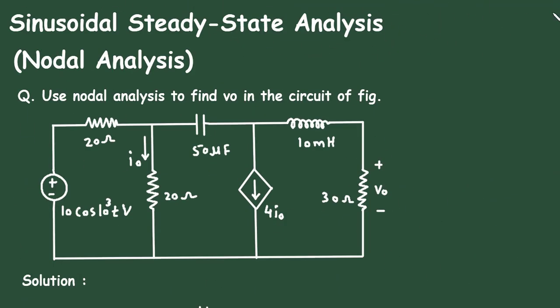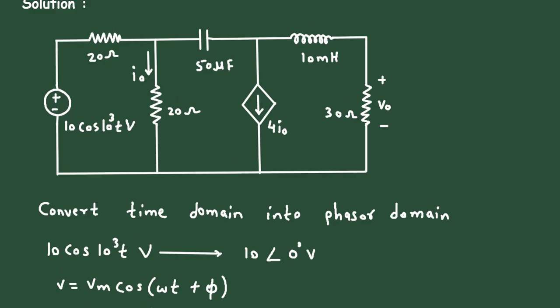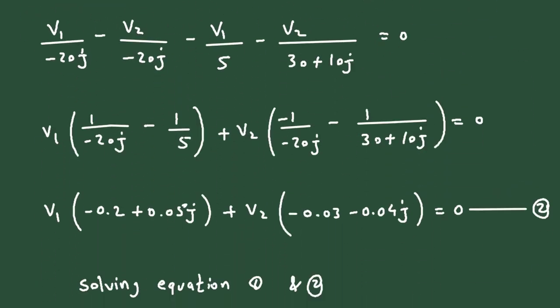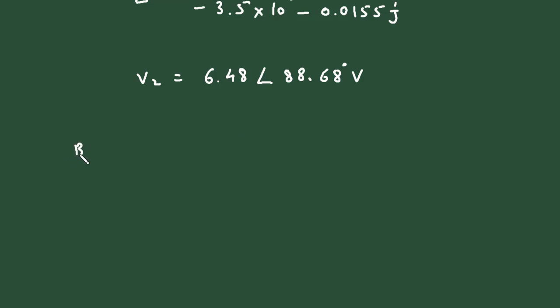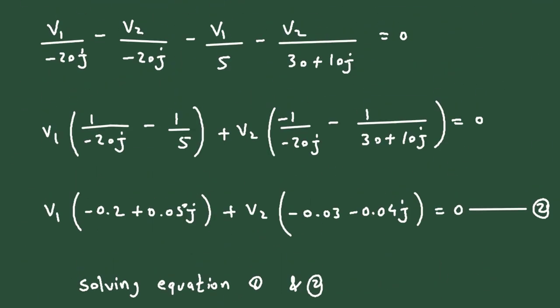Now here in this problem what do we have to find? We have to find the value of VO, that means this voltage VO. So by using the voltage division rule, first we have to find capital VO in the phasor domain.